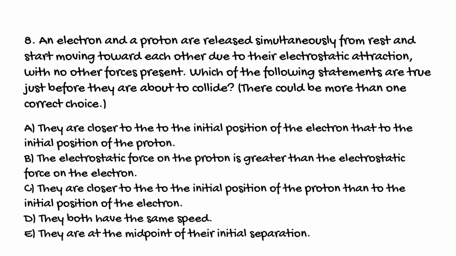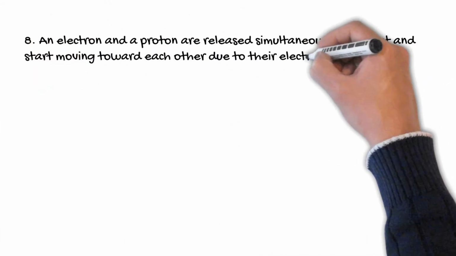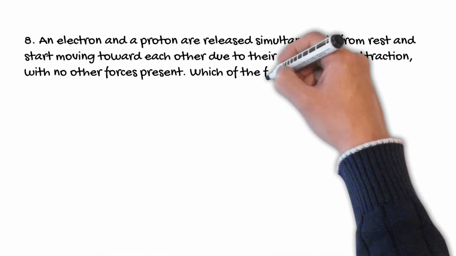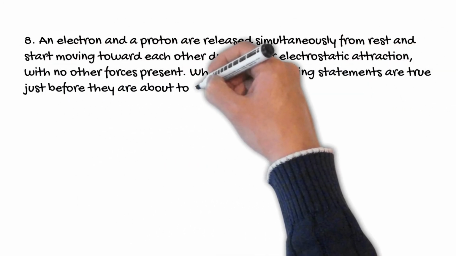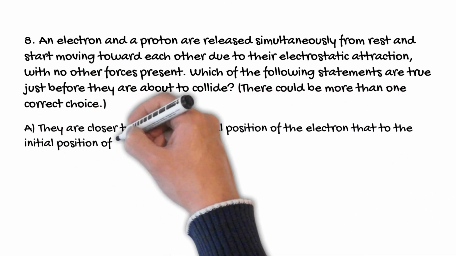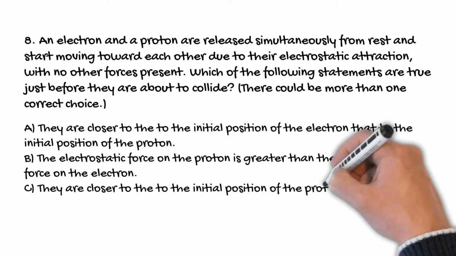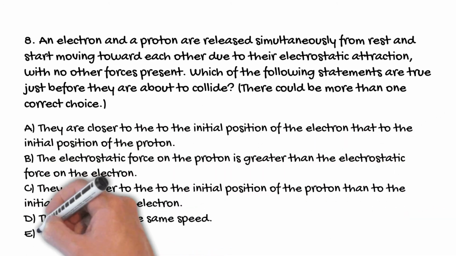Now, what about the force between them? Remember that the force between them will be the same. So the force is the same, the masses are not the same, and acceleration is force by mass, isn't it? Force by mass. So the bigger mass will have a smaller acceleration.